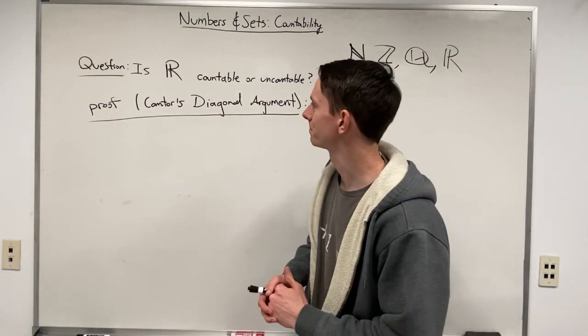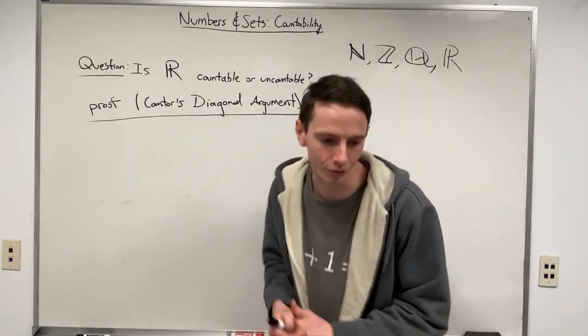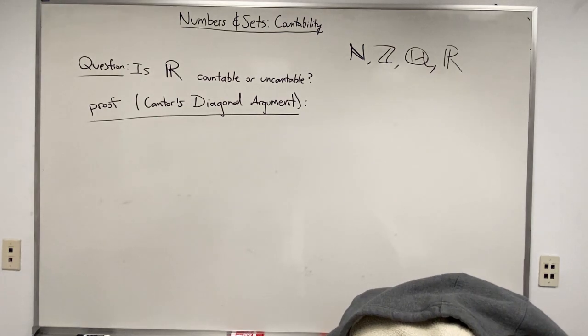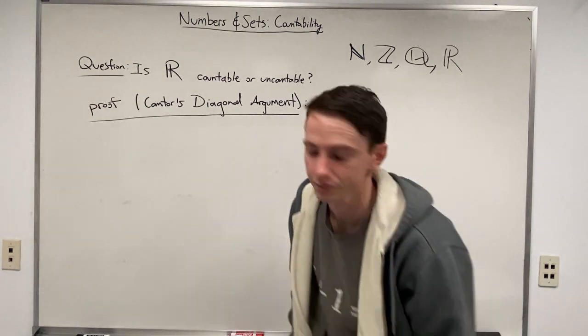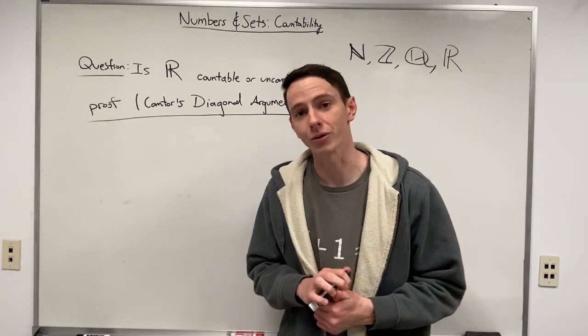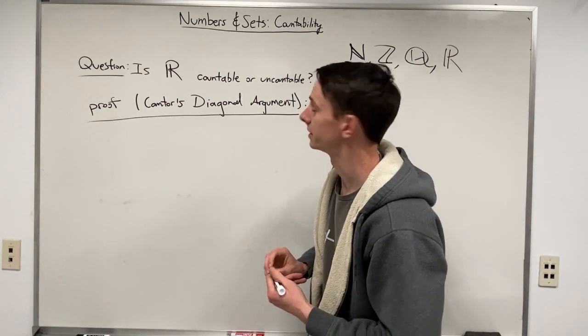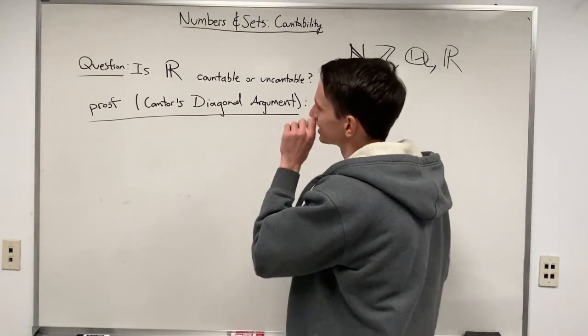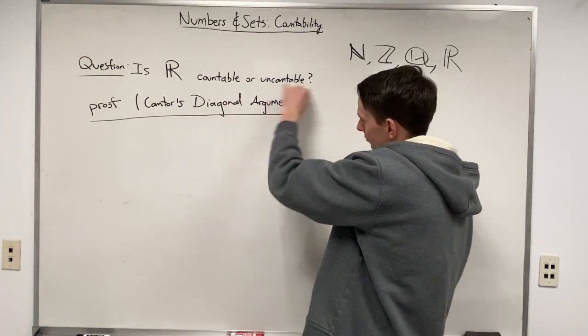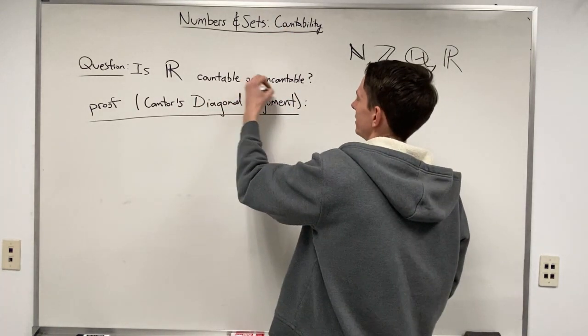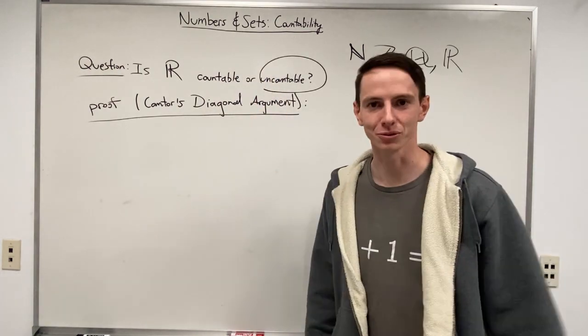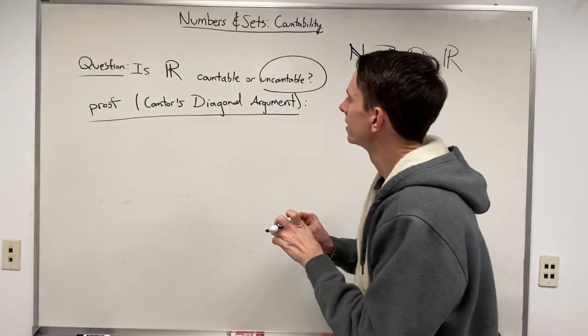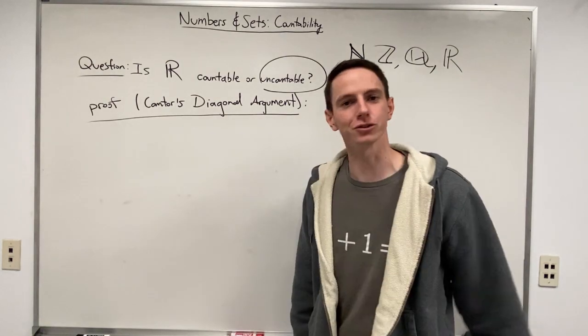And it turns out that the set of real numbers is going to be the first set that we encounter that is uncountably infinite. So it's the first set where we can ask, is it countable or uncountable? This first one we can circle and say it is uncountable. But let's actually show that. And the proof for doing that I think is really, really cool.